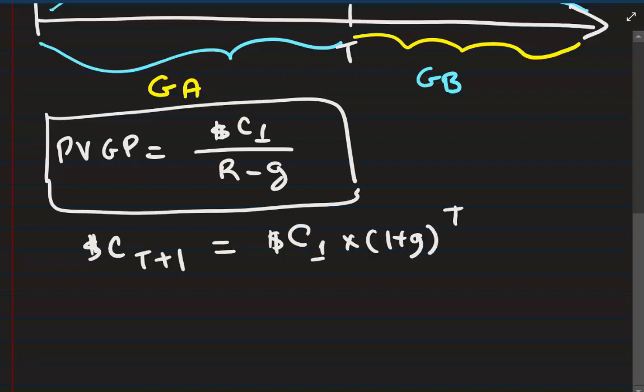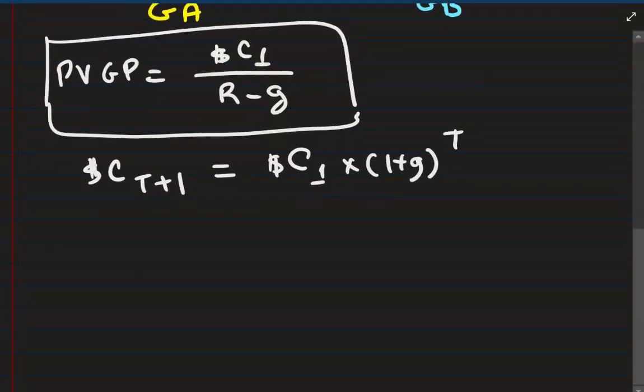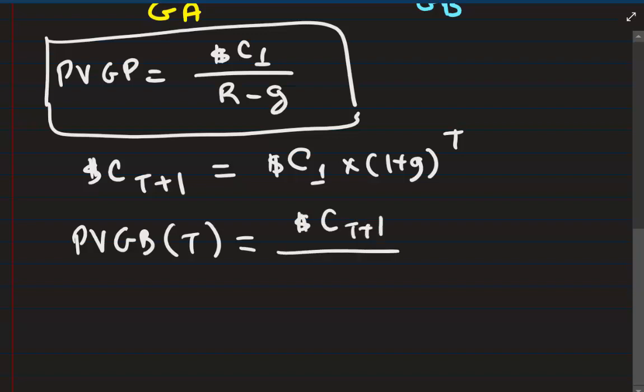So if we transport ourselves to the end of time period T, capital T, from that point on, GB is a growing perpetuity. So at that point, we would value GB as of time period T as the ratio of the first payment divided by R minus G. And we already know what that is.